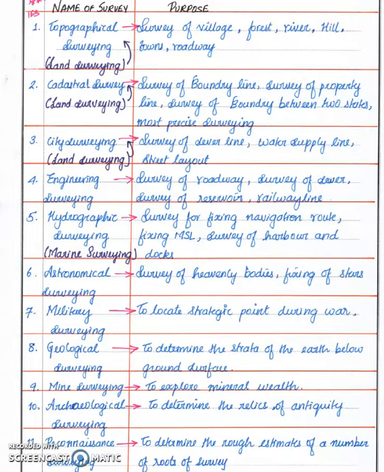To conduct the survey on village, forest, river, hills, town, and roadway, for this purpose topographical survey can be adopted. Next, cadastral survey is used to fix the boundary line, survey of property, that is property line, and to make a boundary between two states.